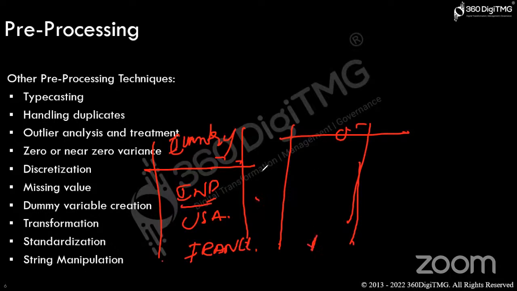It will be 1, India is 2, and USA is 3. The country column name remains the same, but it will give numbers to each particular unique value.